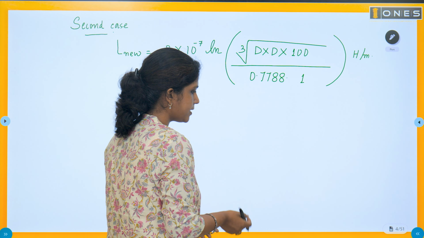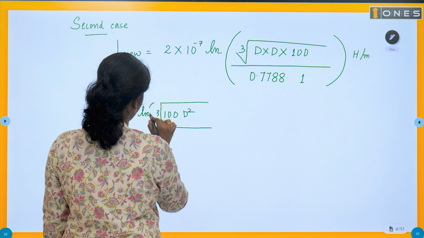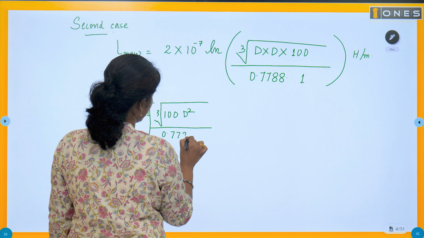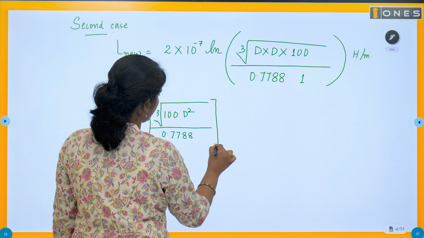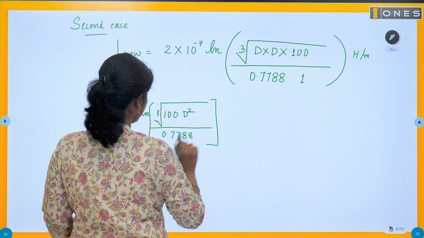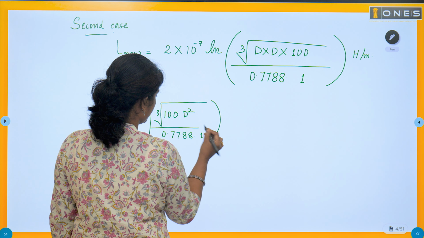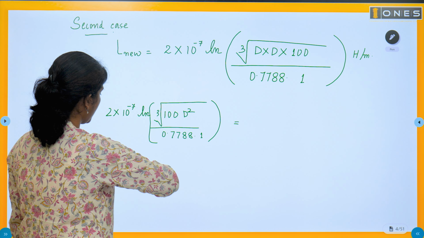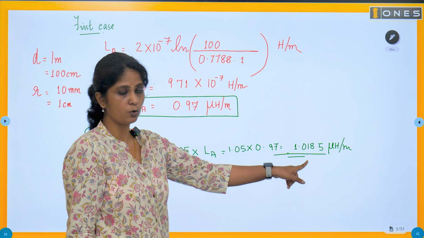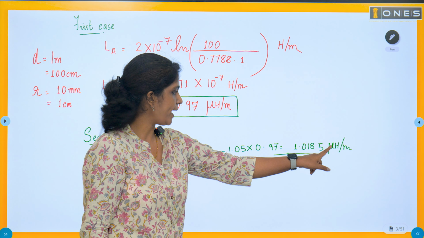So it is 2 into 10 to the power minus 7 ln cubic root of 100 D square divided by 0.7788 into r, that is 1. You have to equate it to this new value, that is 1.0185 microhenry per meter.